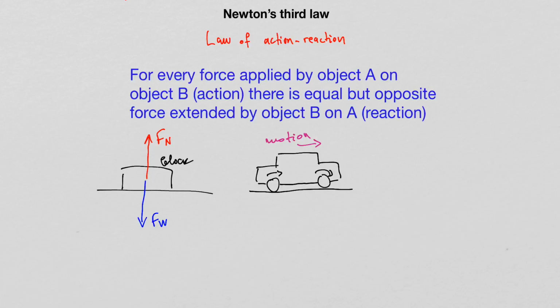Since the tires are spinning clockwise here, the direction of relative motion between the two surfaces is that the rubber of the tires is moving that way, and therefore the force of friction is actually directed forward. And that is the force that makes this car move in that direction, to the right.